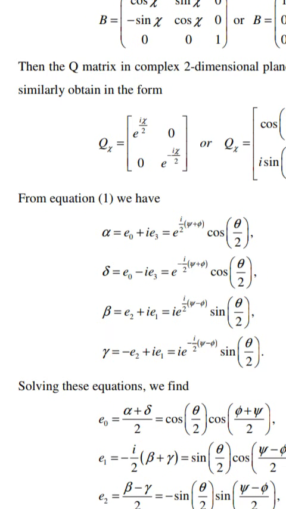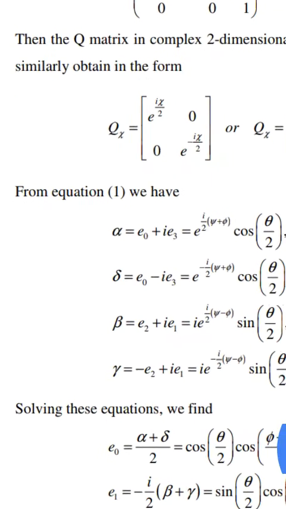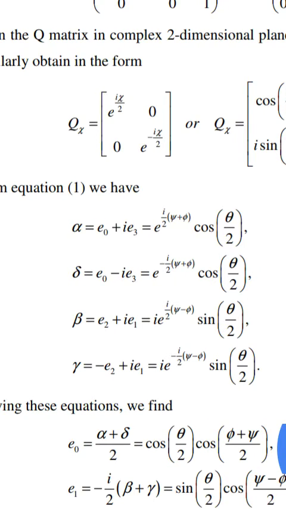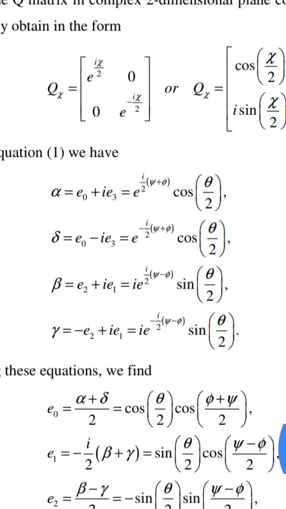From equation 1 we have alpha is equal to e0 plus i e3 is equal to e raised to i by 2 (psi plus phi) cos of theta by 2. Delta is equal to e0 minus i e3 is equal to e raised to minus i by 2 (psi plus phi) cos of theta by 2.